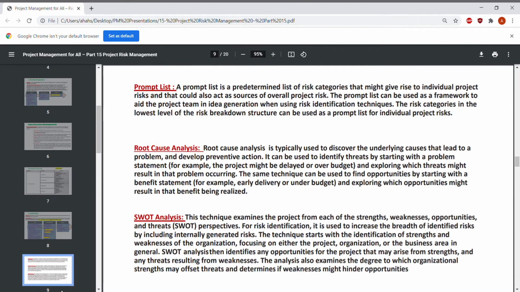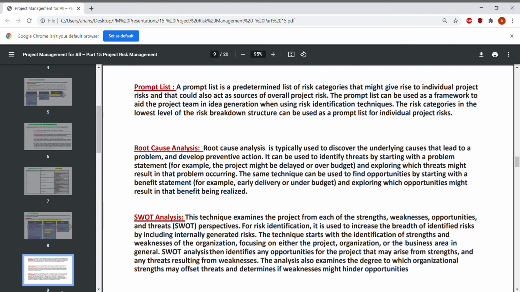The prompt list, which is one of the tools used in this process, is a predetermined list of risk categories that might give rise to individual project risk, and that could also act as a source of overall project risk.